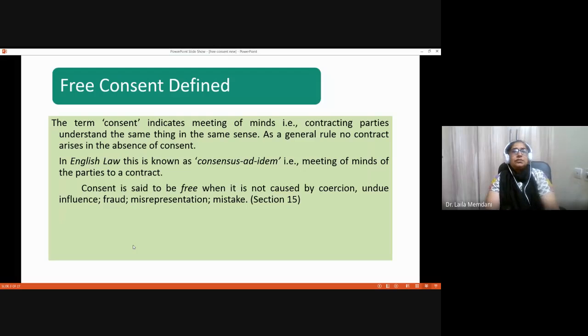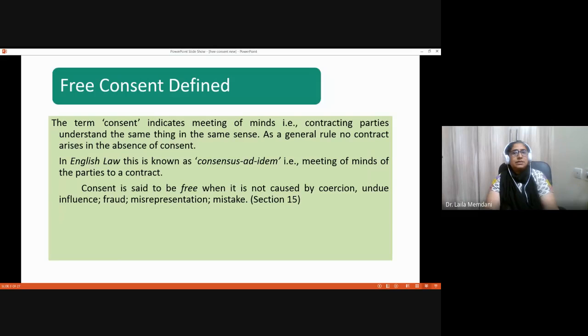Now, what is free consent? The term consent implies meeting of minds, that is, the contracting parties understand the same thing in the same sense. As per the Indian Contract Act, the general rule is no consent, no contract.